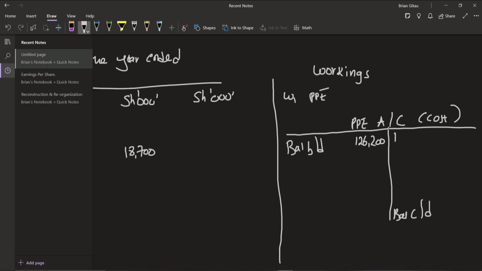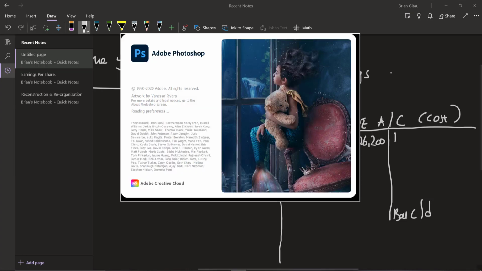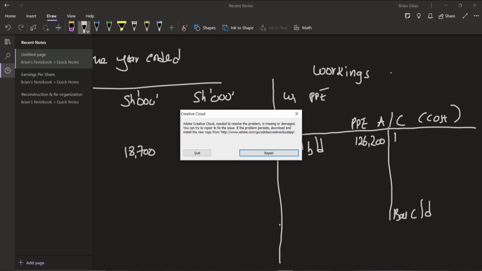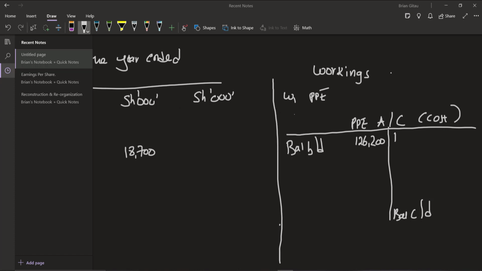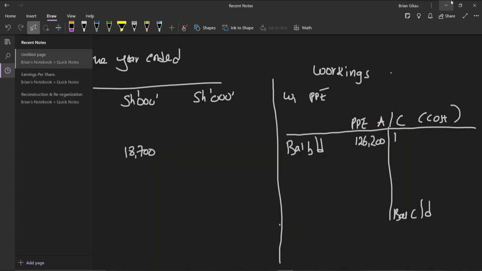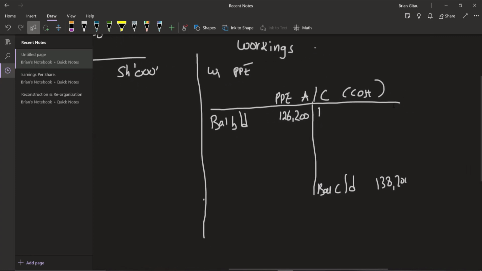Our balance carried down, from our question, is 138,200.